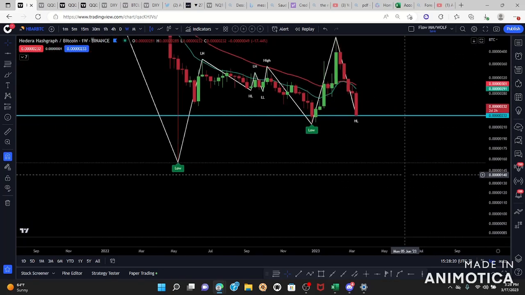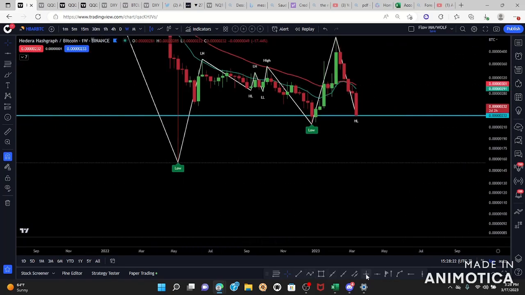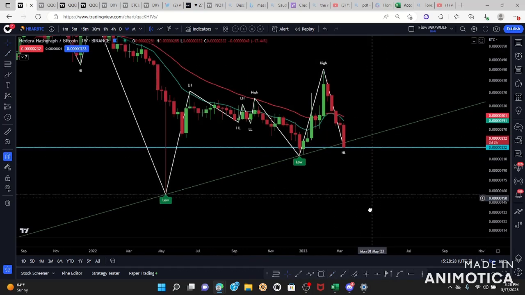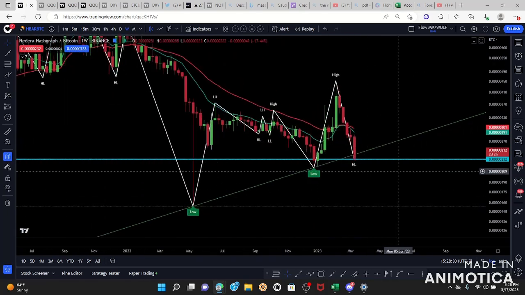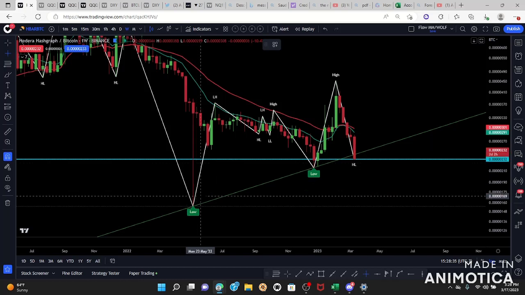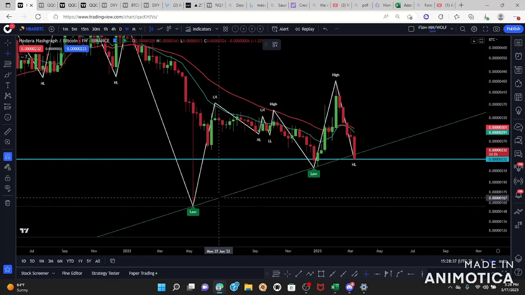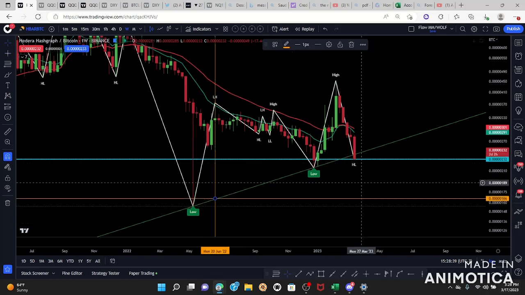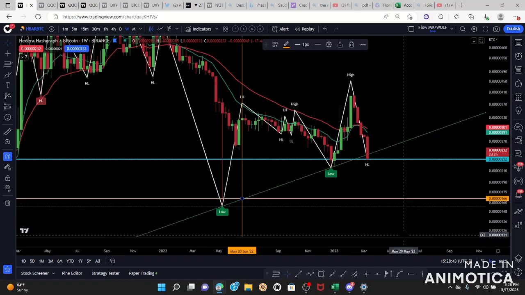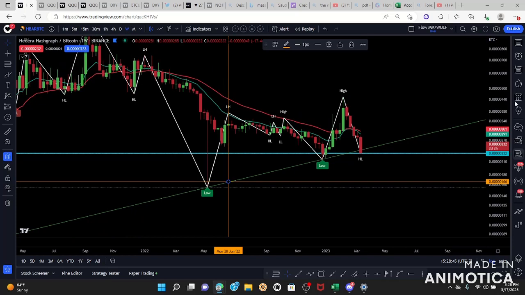If we break the previous lows on the strength, that means we're coming down. Just do a quick TA, know where your high and your low are. My next target for the BTC Hbar price action would be around here at 166. So just something to consider when you are trading alts.